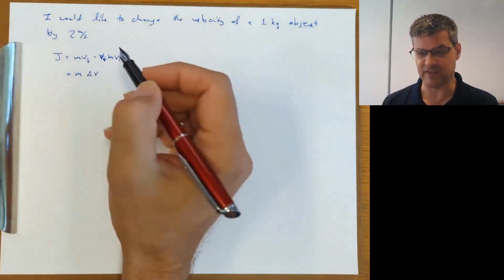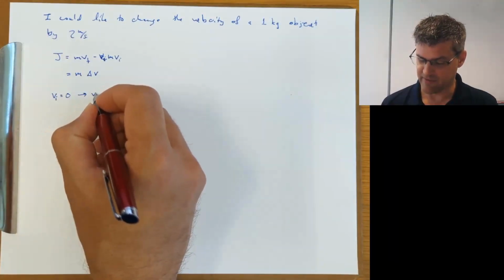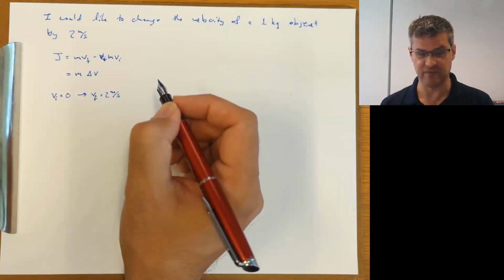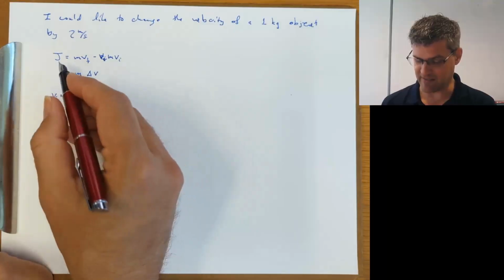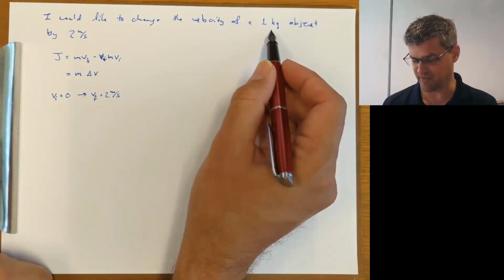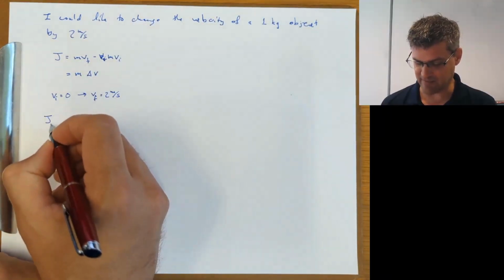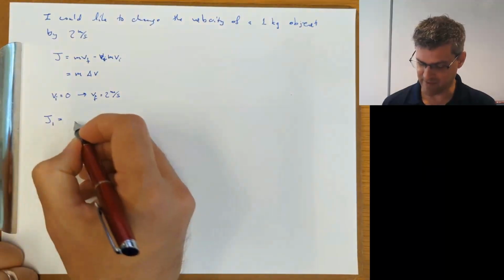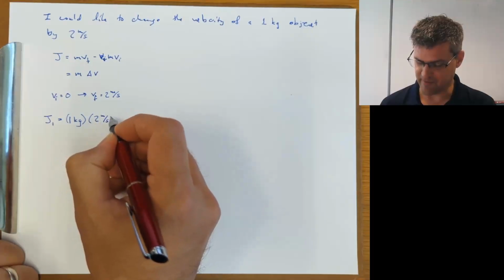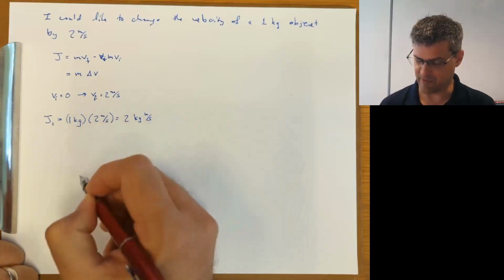And let's say, for example, we wanted to go from vi equals 0 to vf equals 2 meters per second. We could certainly do that, and I see that a certain amount of impulse is needed to do that. The mass of the object is still 1 kilogram. It changes by 2 meters per second. It takes some certain amount of impulse to do this. 1 kilogram, 2 meters per second, 2 kilogram meters per second.